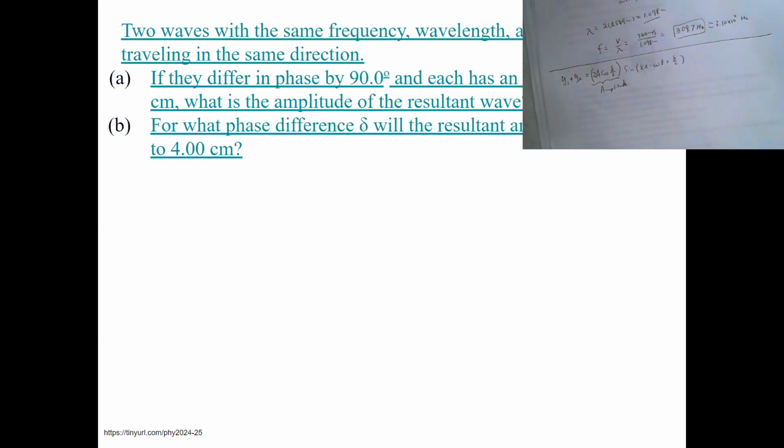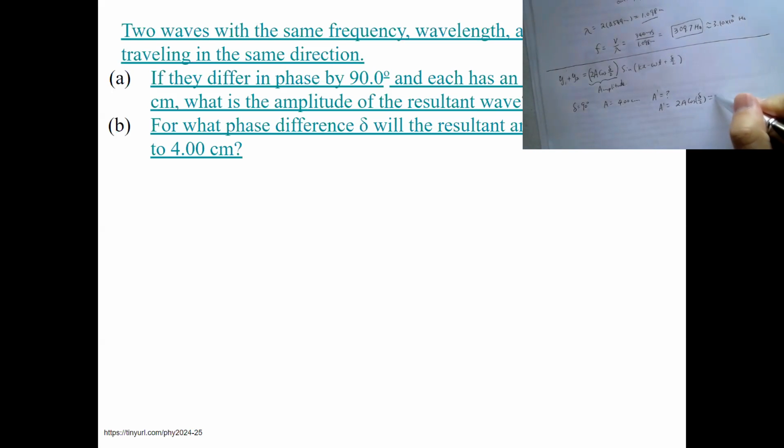If delta is equal to 90 degrees, and the original A is equal to 4.00 centimeters, what will be the new A prime? A prime is equal to 2 times A cosine of delta over 2.